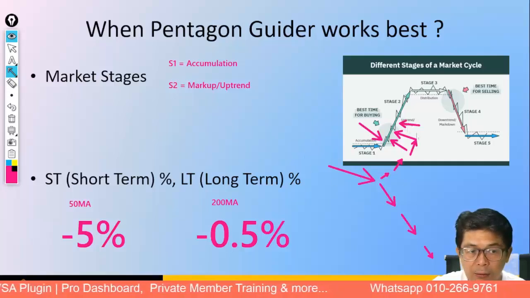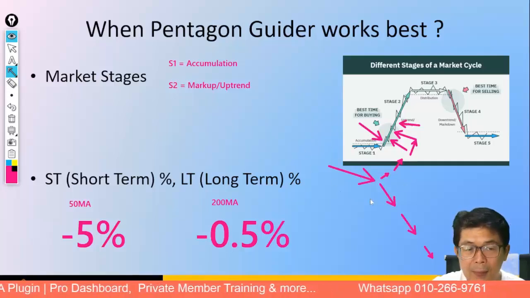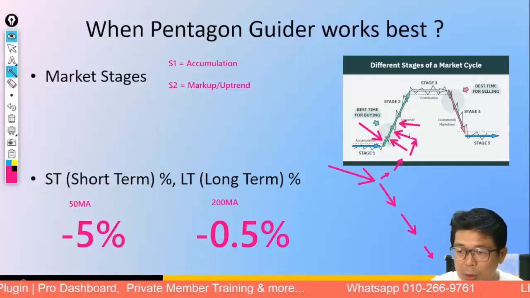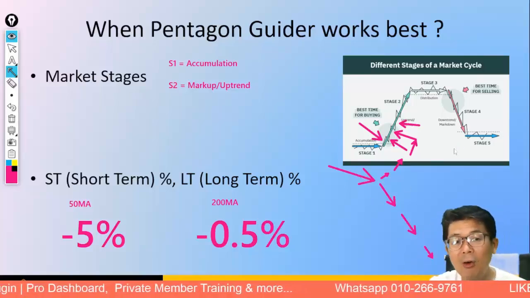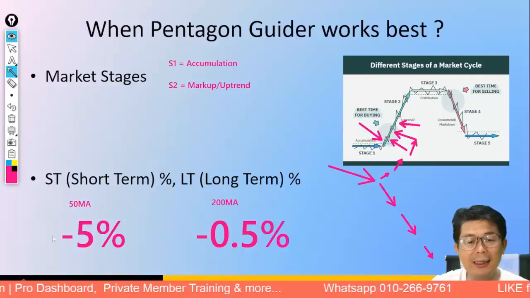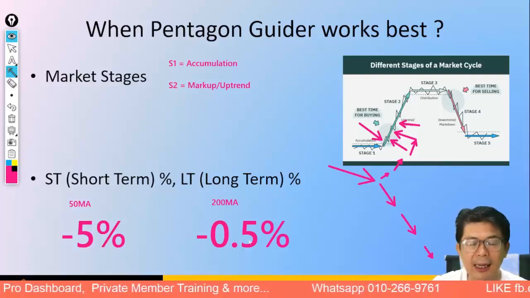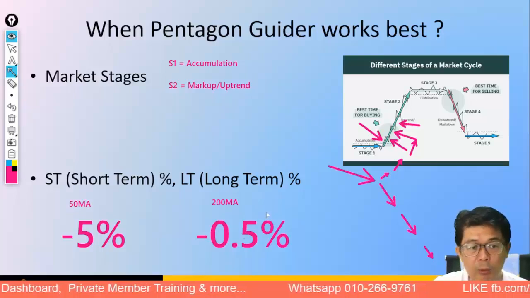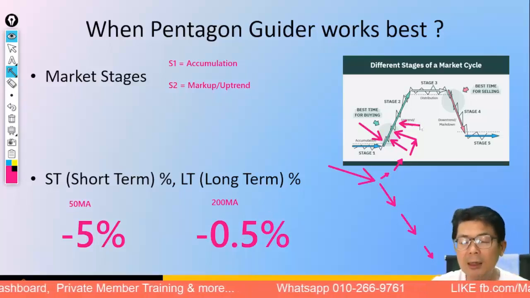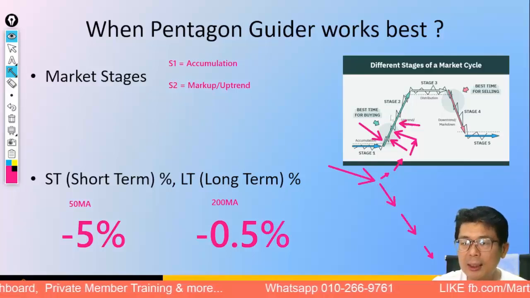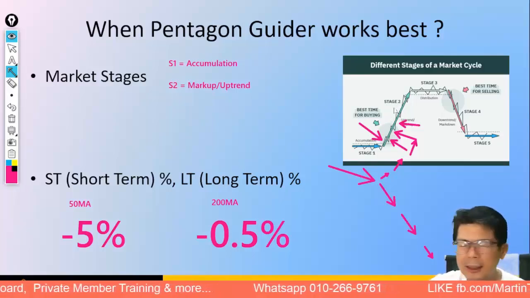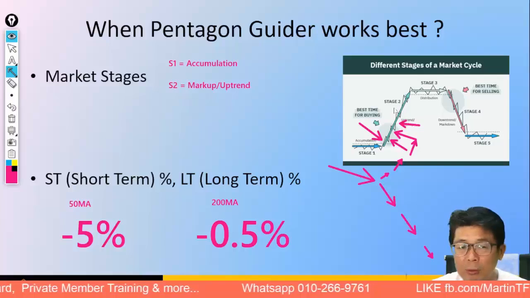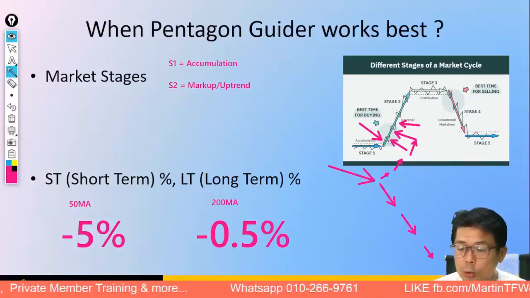This is where our focus is, because when the screener picks up, it gives you a list of stocks. Some will go down, some will go up. So depending on the market overall, at least -5% for ST and the LT of -0.5% above the 200-day moving average will give you the best possibility. And of course, generally stage 2 will take somewhere between, if it's really trending, probably 2 months.